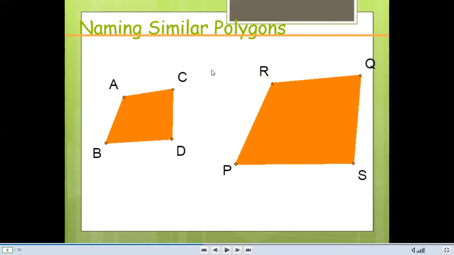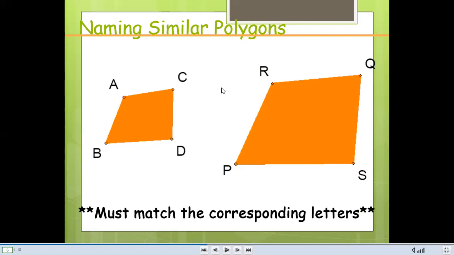ACDB. A, C, D, B. And what is the second? RQSB. Exactly. R, Q, S, B. Okay, thank you. Then we must match the corresponding letters.